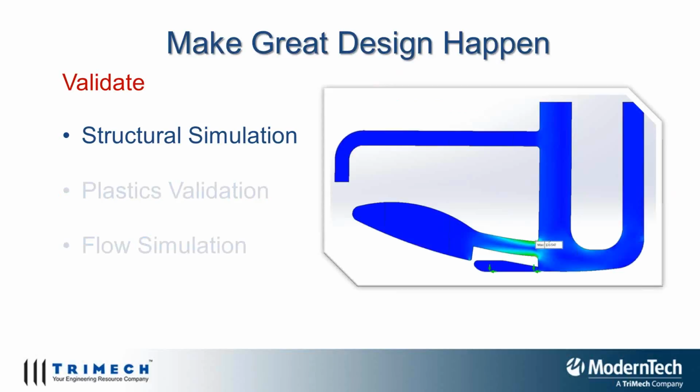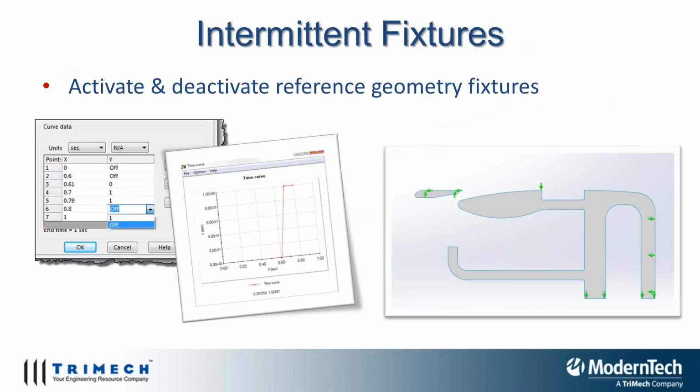SolidWorks structural simulation has been quite successful in terms of its capabilities and its ease of use for the users over so many years. In 2016, there have been some really slick enhancements to improve the power of the tool.